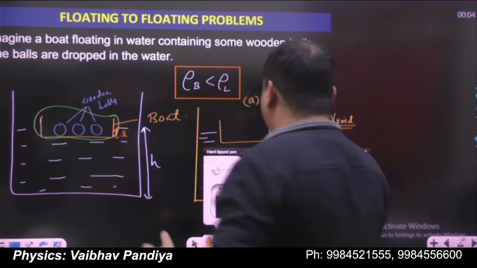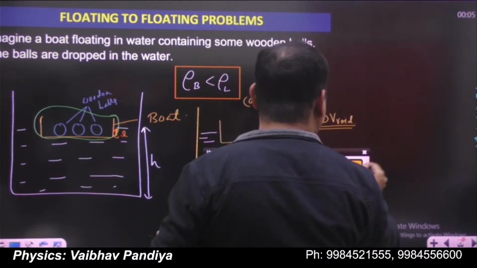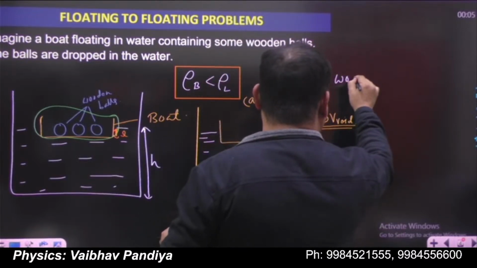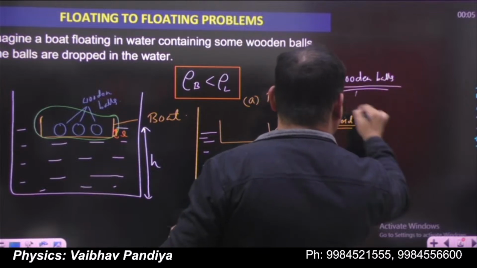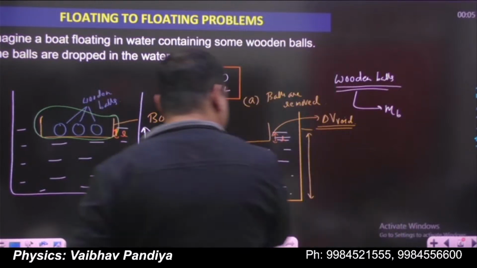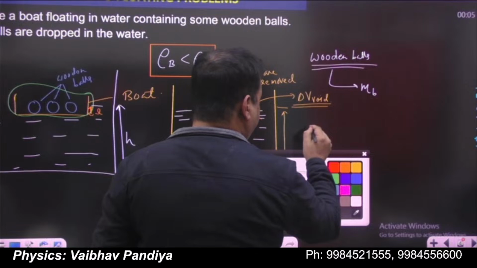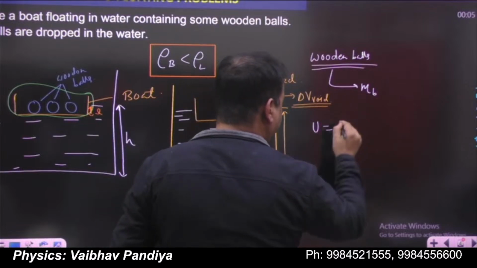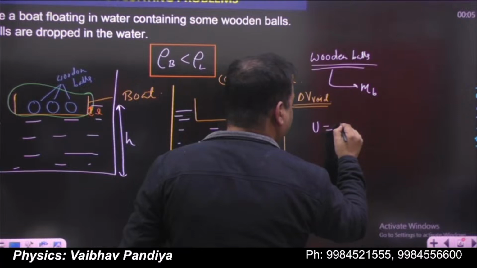So say the weight or mass of the wooden balls, the combined mass of all wooden balls, say we have mass of m_b. All the balls, whether they're 3, 4, 5, no matter. Okay, so now if you apply that upthrust is equal to the weight removed, only that much volume will get free.